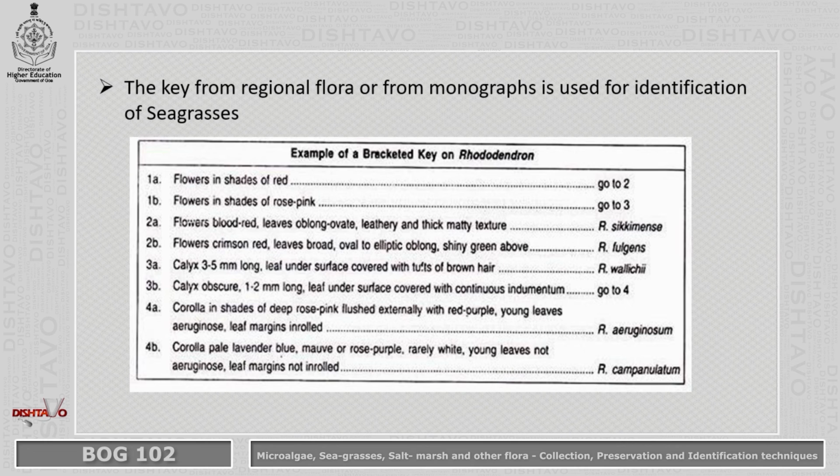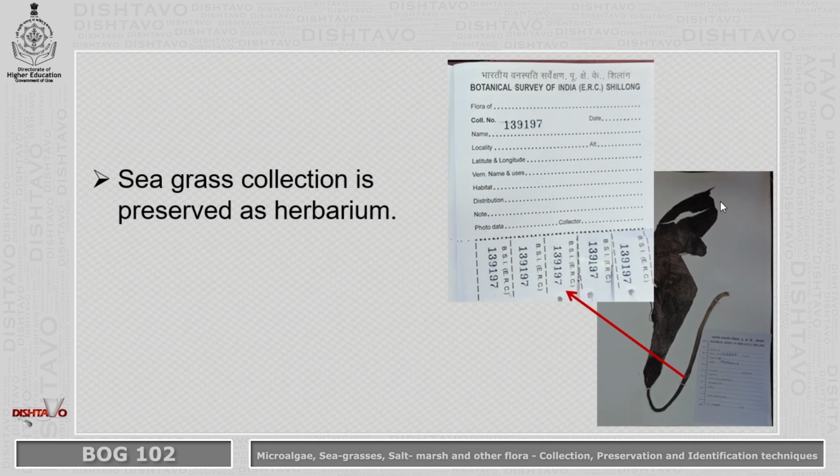In these monographs and floras, there will be dichotomous keys which give the characters listed against each other, the contrasting characters, which will lead to a particular family and then to genera and to the particular species as we progress with the comparison of the characters and run identification through these dichotomous keys. So the floras and monographs can be effectively used for identification of seagrasses.